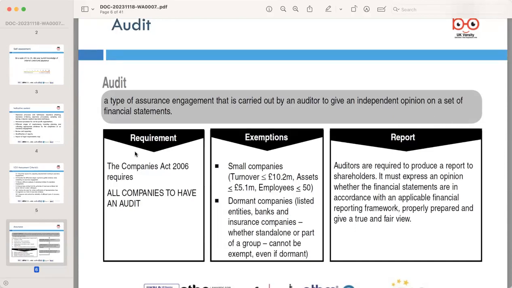An important rule is that all companies must have an audit. The word exemptions might sound a bit complicated, but it means some companies don't have to do an audit. Small companies, those with a turnover, that is the money they make, of less than 10.2 million, assets, what they own, less than 5.1 million, and fewer than 50 employees can skip the audit.